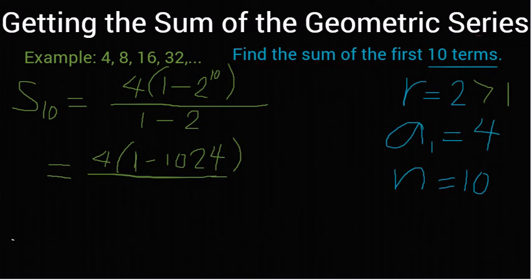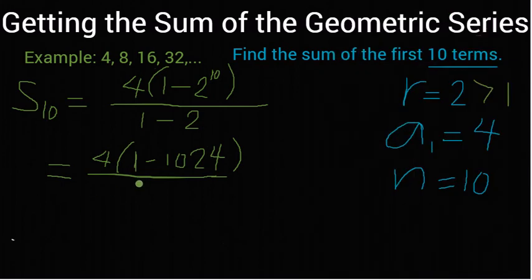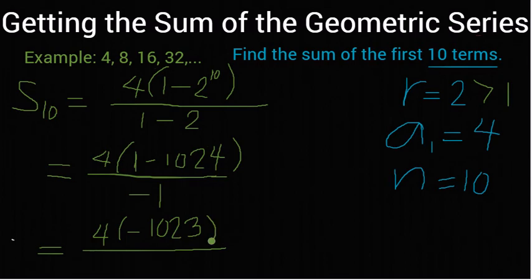So 1 minus 1024 is negative. Our denominator here is also negative. You don't need to worry, because what's the rule? When we divide a negative number by a negative number, the result is positive.